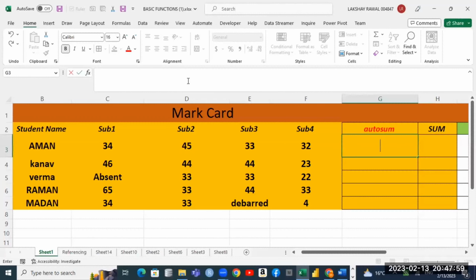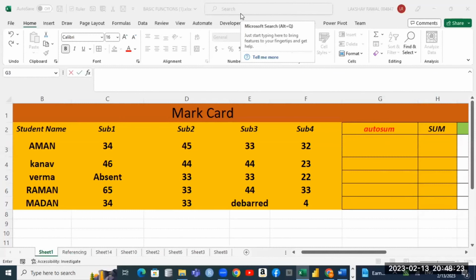Whenever you open a sheet, yes. Just near to it, there must be an option of enable editing. Just show me again. There must be a yellow line coming up showing enable editing. You have to click that. It is not showing on my screen, but it must be showing on yours. No, the yellow button is not showing for me. Sure. What is your name? Kajal. Kajal, yes.